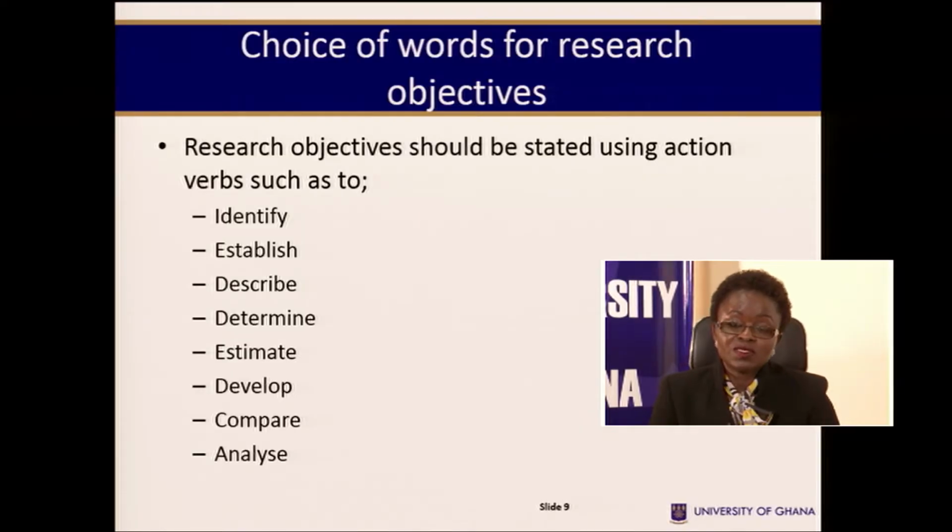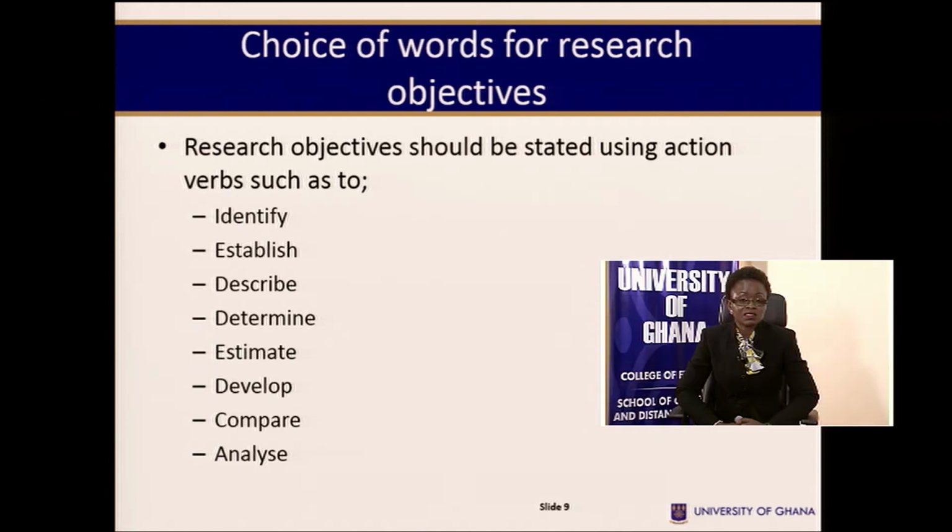Research objectives should be stated using action verbs such as identify, establish, describe, determine, estimate, develop, and compare.